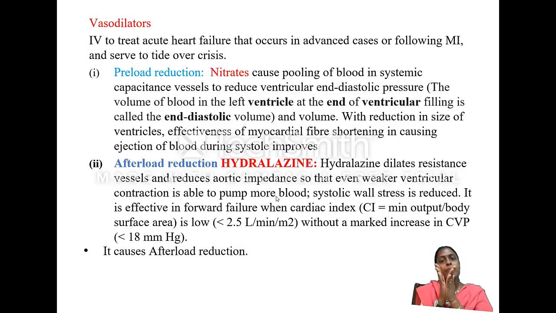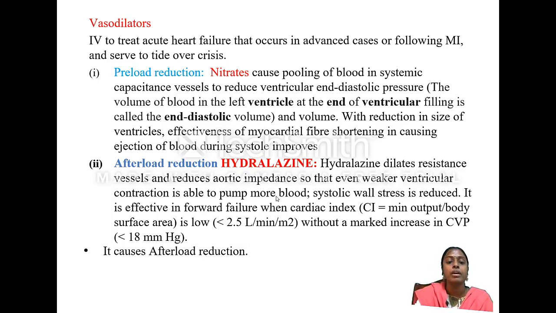So my ventricles are unable to contract, isn't it? But when I'm giving this hydralazine, what will happen? Though my ventricles are weak, my aortic walls have opened properly, isn't it? And my ventricles got dilated. Now if I'm pumping, even the weaker ventricular contraction will supply more blood to my whole body.